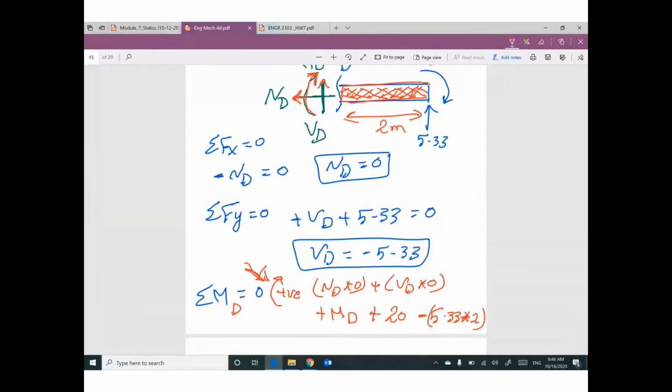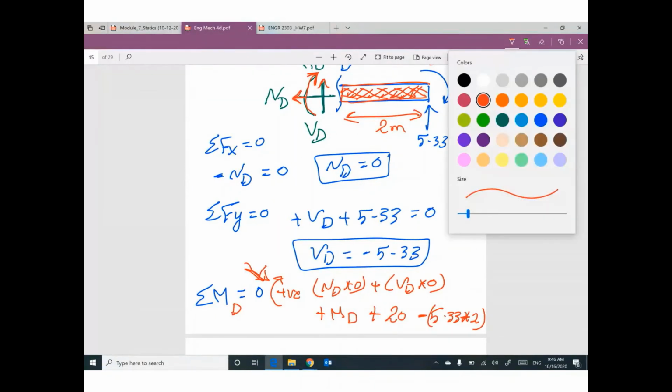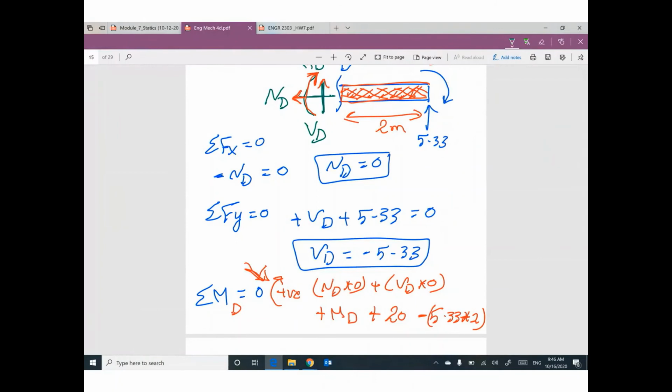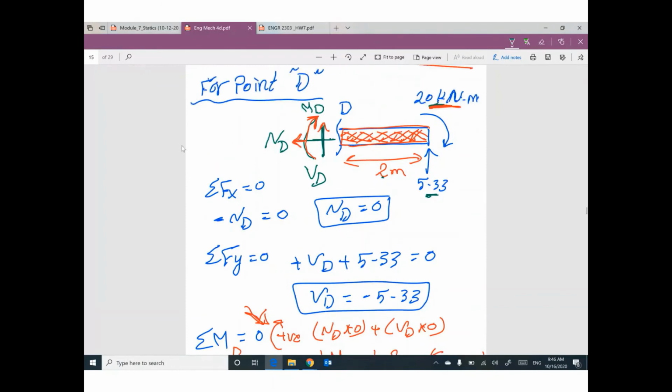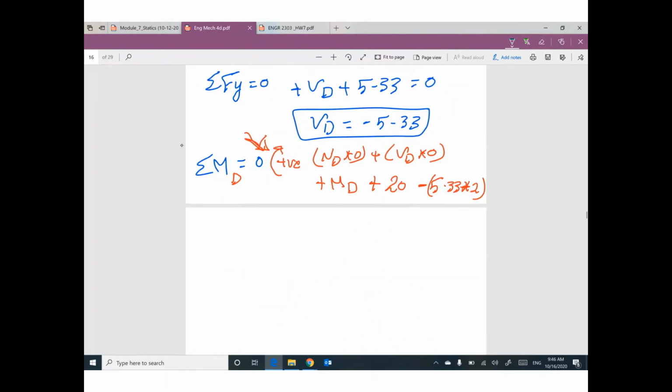Someone of you will say, hey, why 5.33 times 2 and 20 times nothing? Because 20 is a moment, it does not need distance, but 5.33 is a force as a reaction and needs distance. The only unknown in this equation equals 0; this one will be cancelled, this one will be cancelled.